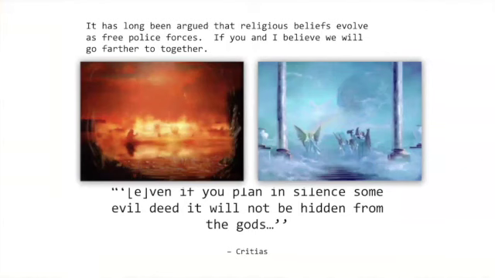So an old theory of religion, which goes back to Critias in the 4th century BC, has long argued that religious belief evolves to police people. Critias said that even if you plan in silence some evil deed, it will not be hidden from the gods, right? So the gods are moral police forces.